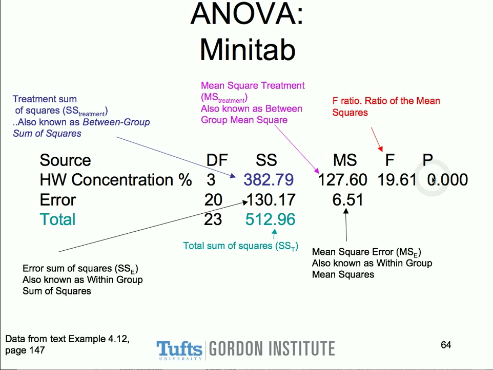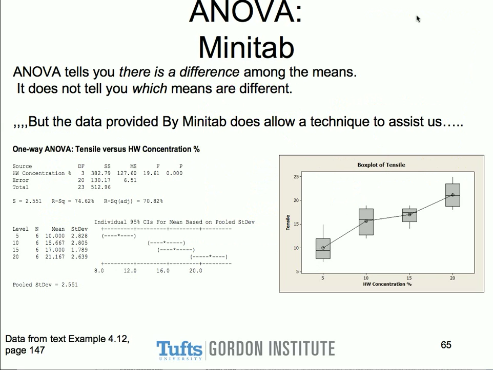The p-value is essentially 0 here, and that's telling us the likelihood that the averages for these levels are all equivalent is next to 0. That says that yes, there is a difference between the means, but it doesn't tell you which means are different.